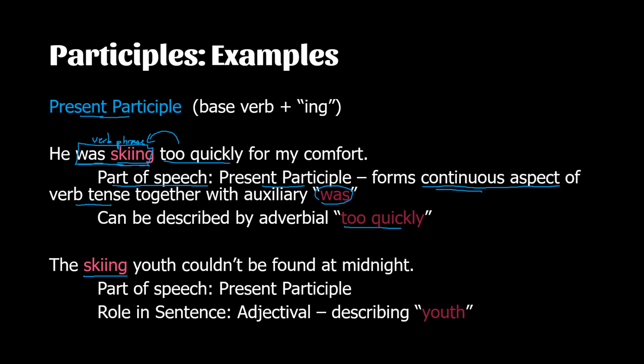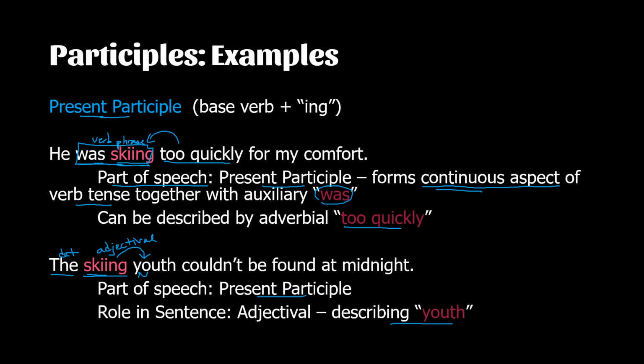Here I have a present participle in front of a noun, between a determiner and a noun. So that cannot be a verb. We don't stick verbs between determiners and nouns. And it describes youth, which means it's an adjectival function. So this is a present participle and it describes youth.